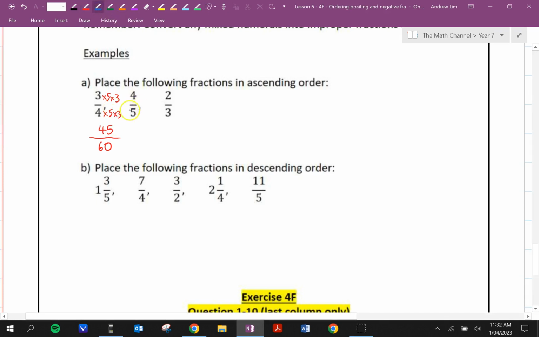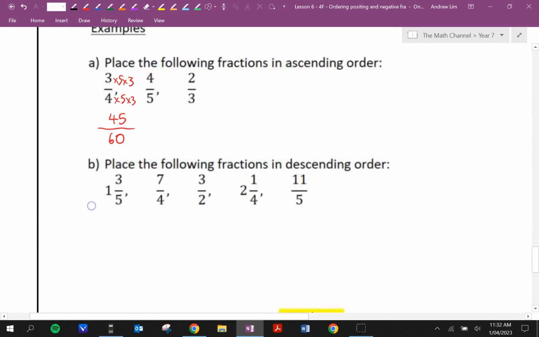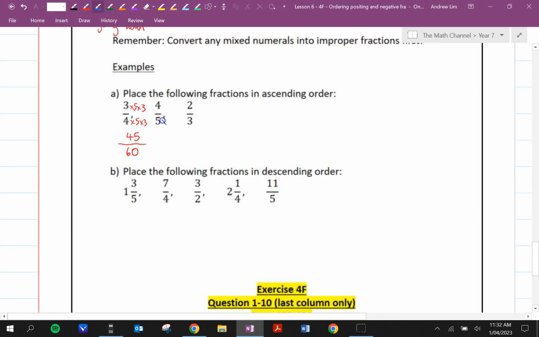This 5 here, we need to times by 4 and 3. So we know it's going to be over 60, because 5 times 4 is 20, times 3 is 60. 4 times 3 is 12, times 4 is 48.